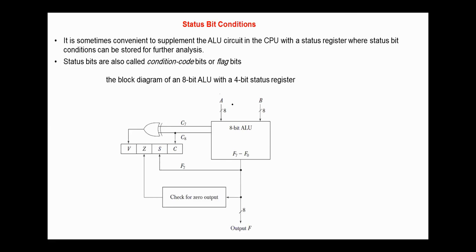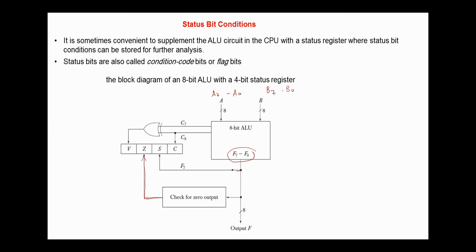The 8-bit numbers A and B are applied to the arithmetic logic unit, A0 through A7, B0 through B7. The result F0 through F7 is available at the output. Here we have a circuit to check if the result is 0. In this case, if the result is 0, the Z flag is set to 1.